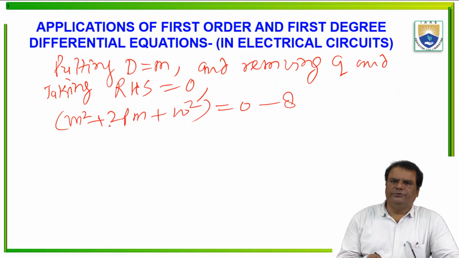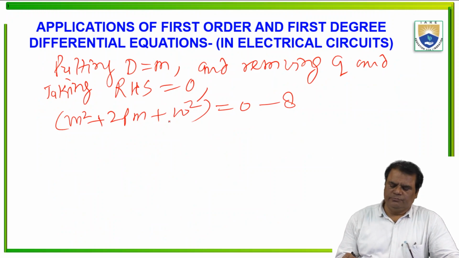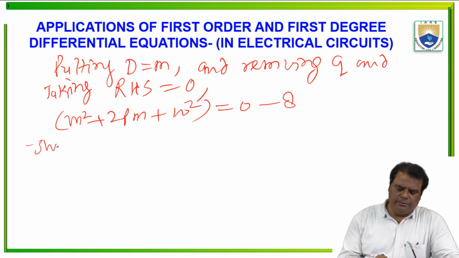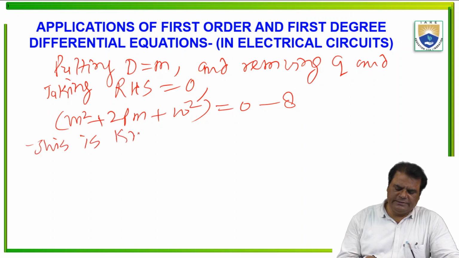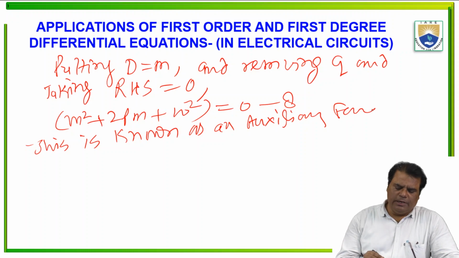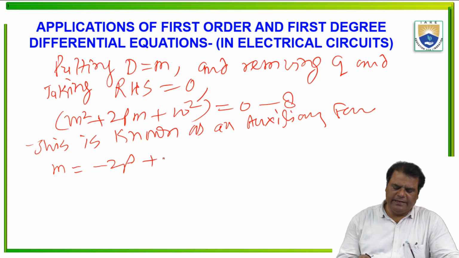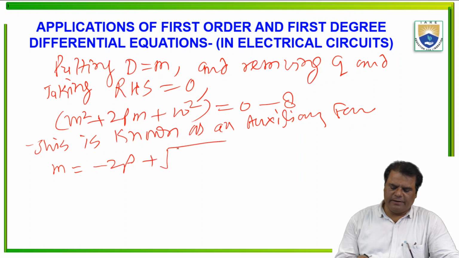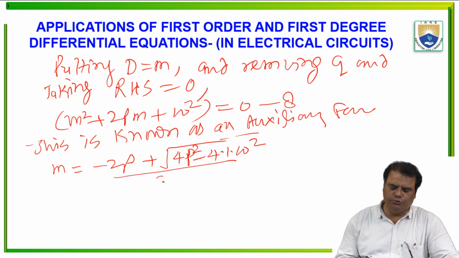Now this is known as an auxiliary form. Now the value of m equal to minus 2p plus minus under root 4p square minus 4 into 1 into w square, upon 2 into 1.